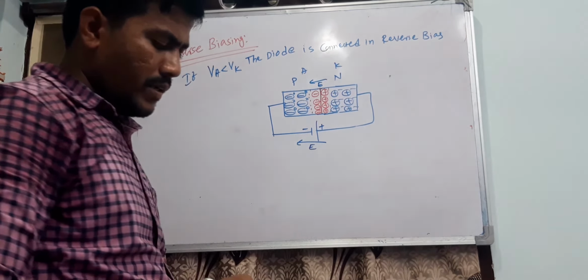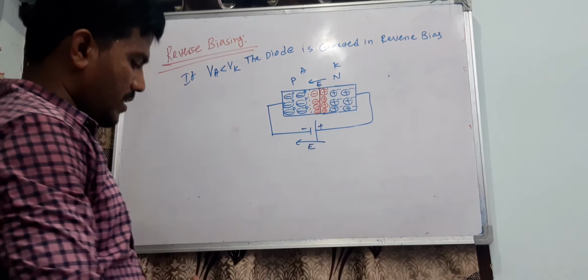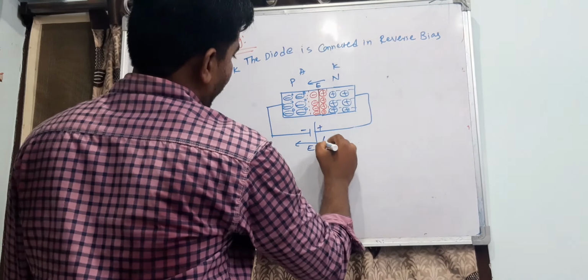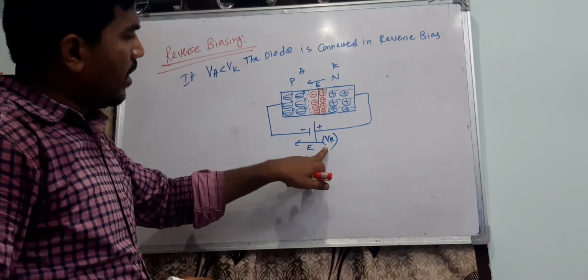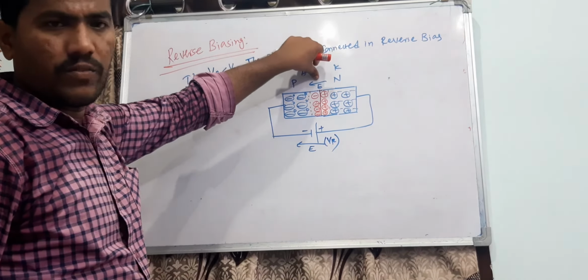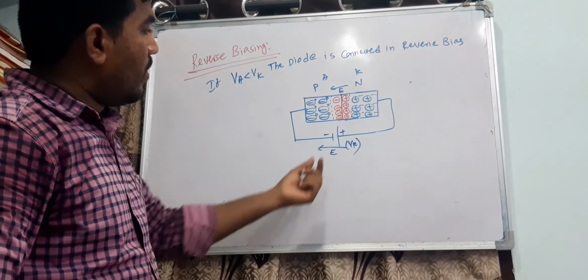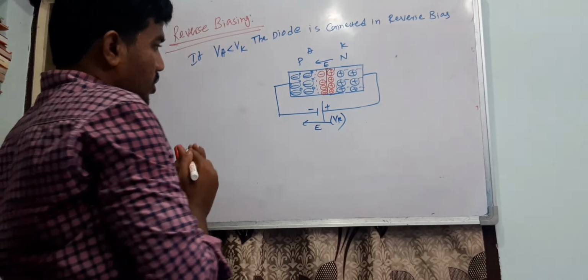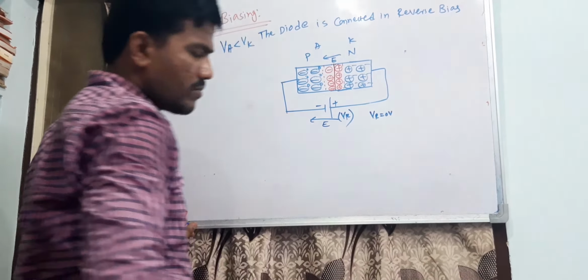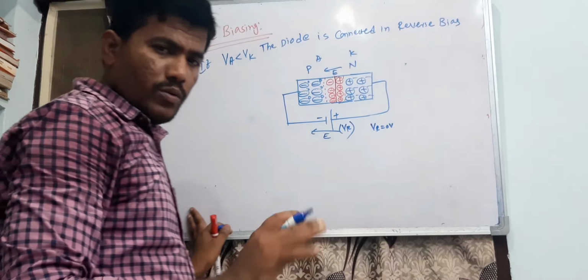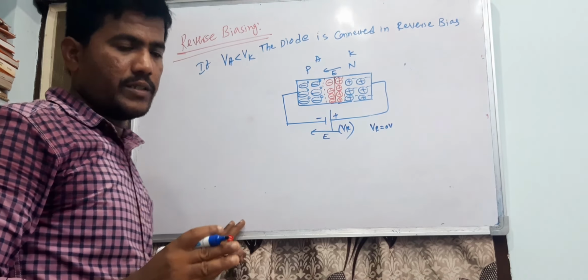The applied external voltage is represented by VR, the reverse voltage. This VR and the inbuilt electric field are in the same direction. Initially if VR is equal to 0 volts, there is no change; it is the same as the open circuit operation.